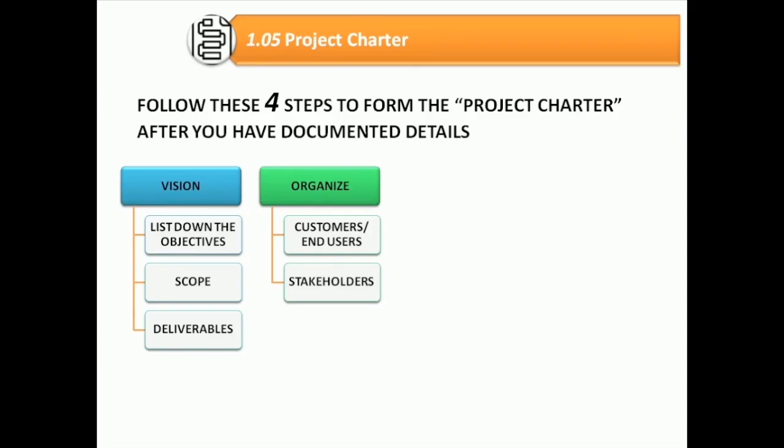It could be the sponsor, it could be the other key stakeholders, it could be the project team, the project manager. Everyone should be listed down. Their roles and responsibilities should be very clearly defined. And it should also give you a structure. Structure basically will tell you who reports to whom based on their roles and responsibilities.